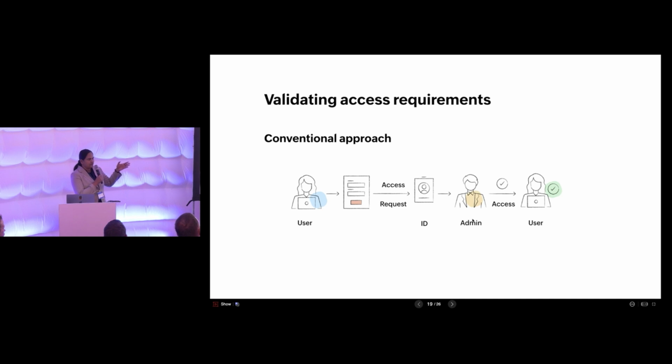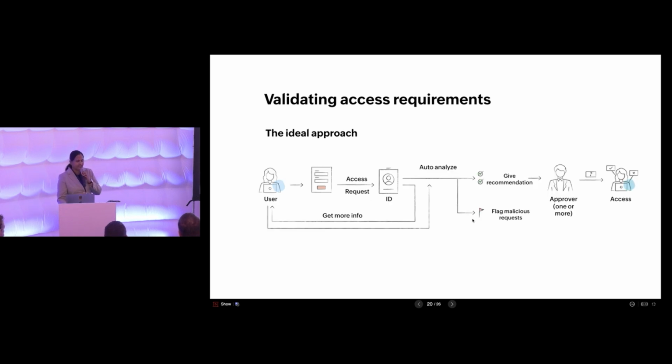So how can a PAM tool help you, right? When you go for the conventional approach, when a user wants to access a sensitive server, you check their ID, you see their role, you grant access, right? When you have a PAM tool in place, this takes a notch higher approach. The approach is a little different. When a user requests access, the access should be analyzed automatically. So is Daniel a legitimate user?